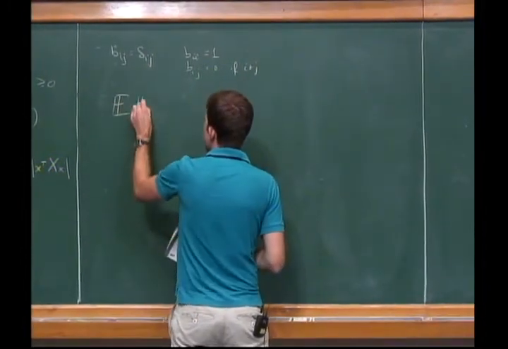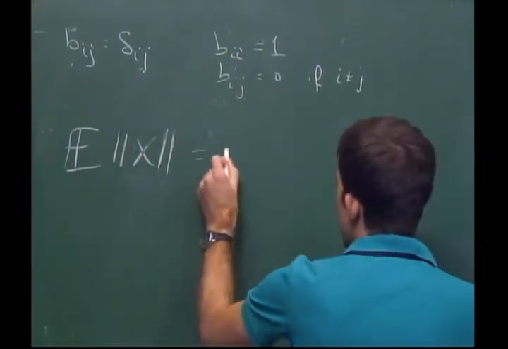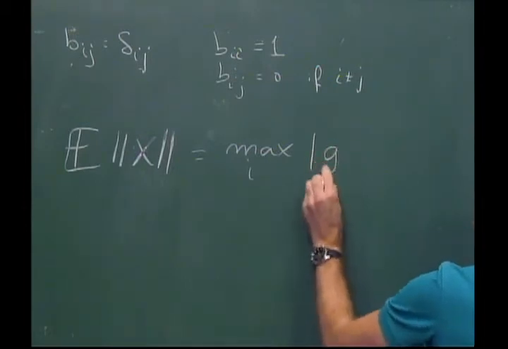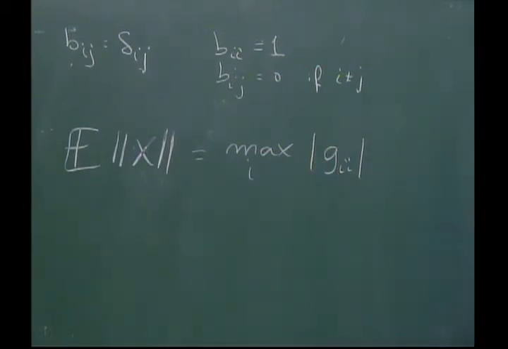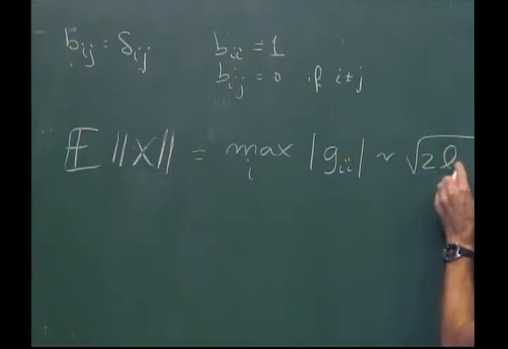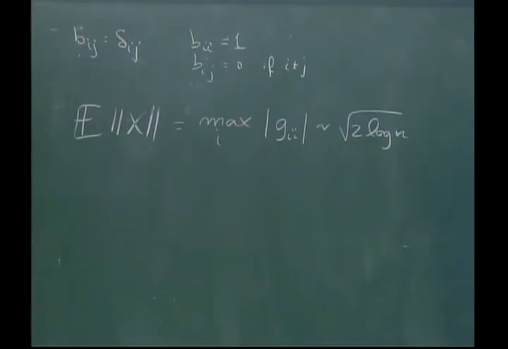If you have a diagonal matrix, then the spectral norm is just the maximum of the diagonal entries. So this is just the maximum over all i's of the absolute value of g_ii. There are n of them, so this looks like square root of 2 log n. We want to capture these examples and many, many others.